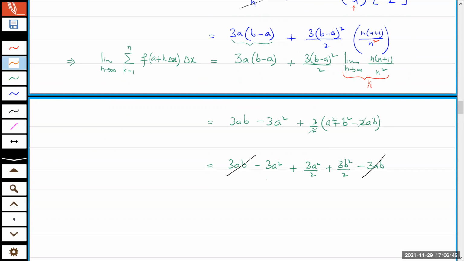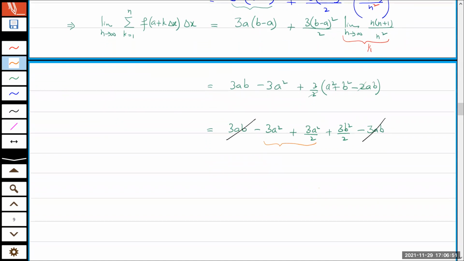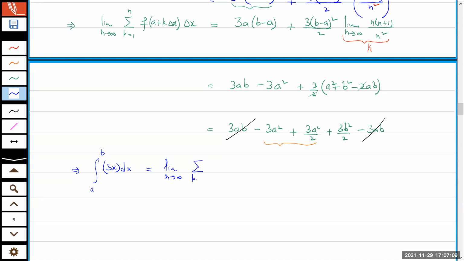And if I combine the terms in a, this gives us, finally, this implies, let's write the whole thing, integral from a to b of 3x dx, which is equal to limit n going to infinity, sum k equals 1 to n, f of a plus k delta x times delta x, and we have shown that this all equals 3 over 2 (b squared minus a squared).